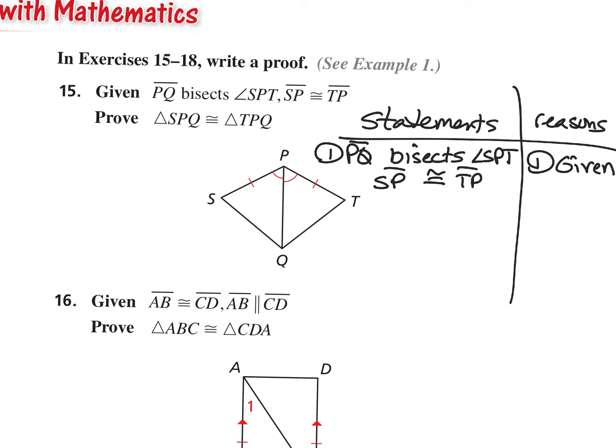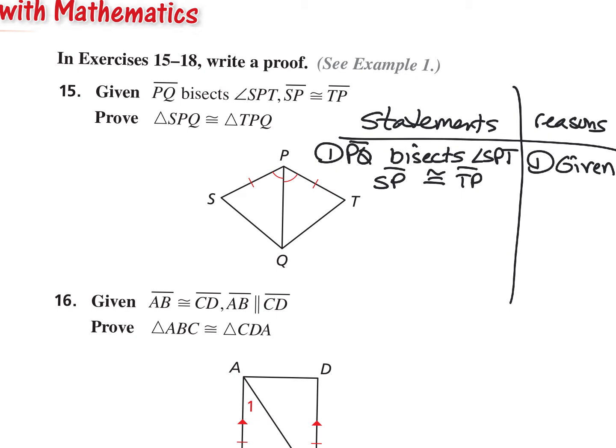Generally, the picture won't be labeled for you. So our picture's labeled. We need to state these congruencies in our proof. Now the SP congruent to TP is already there, but we have to state that those angles that are marked are congruent because of the bisector, we need to state that in our proof.